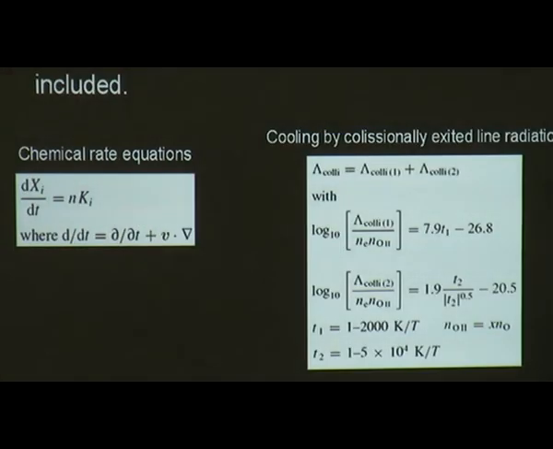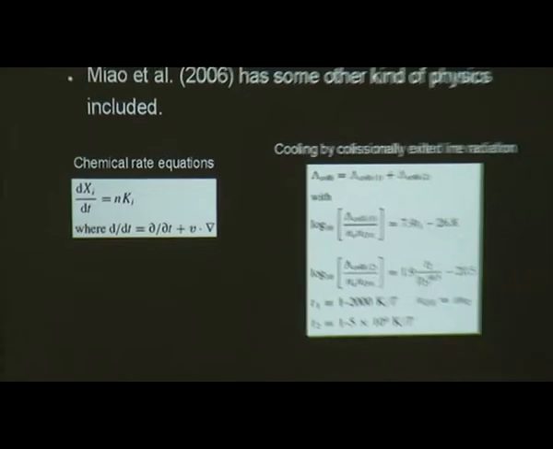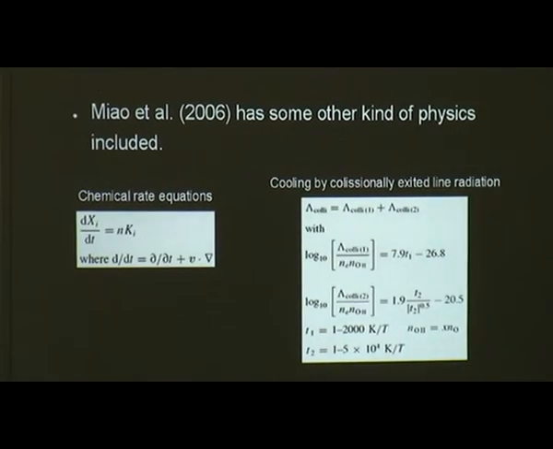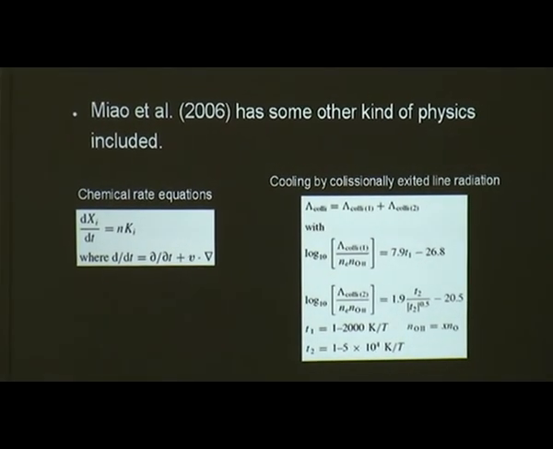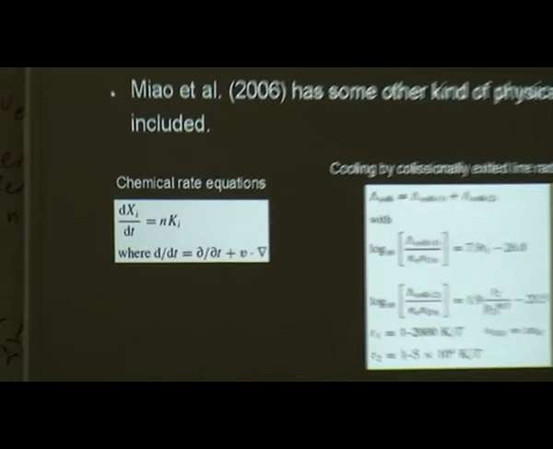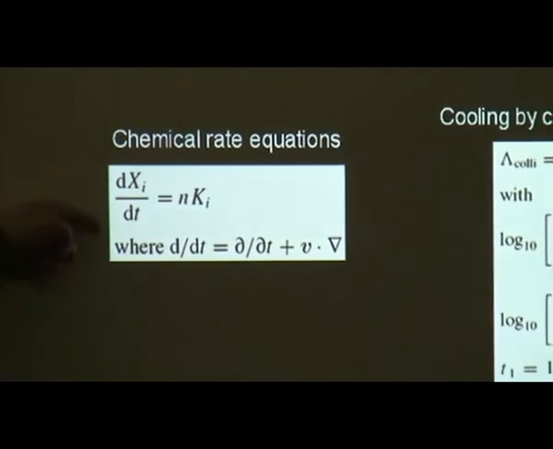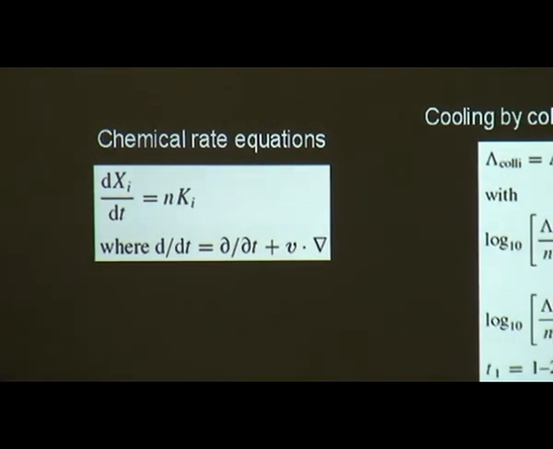Okay, there are some other physics they used, but which I haven't had the time to give any special thought. In the simulation there were different kinds of molecules, and for calculating them they had this sort of chemical rate equation.